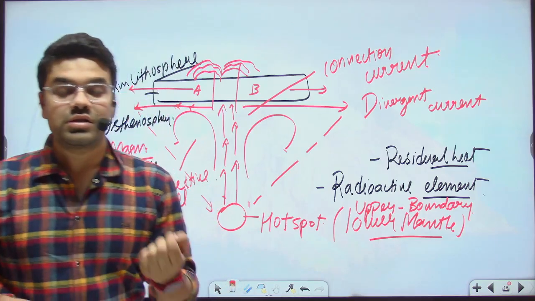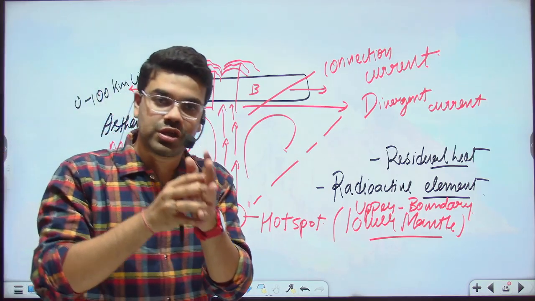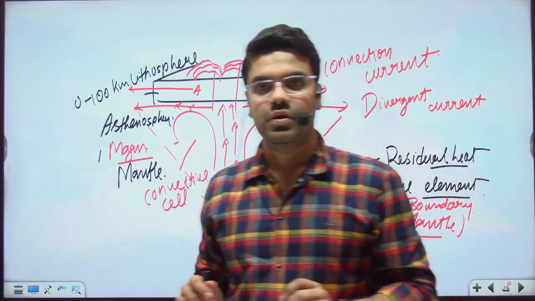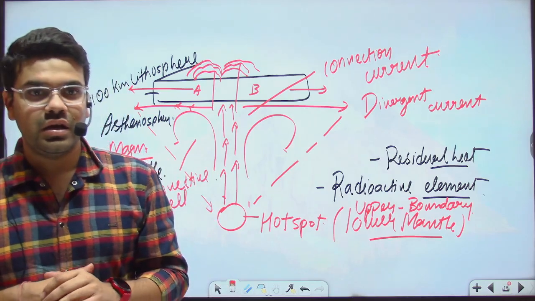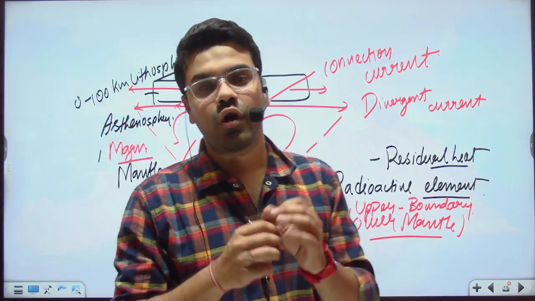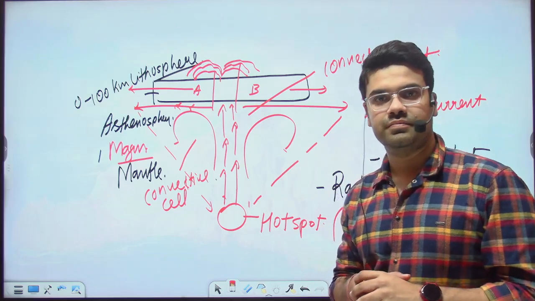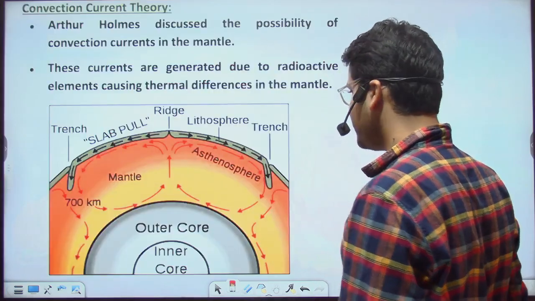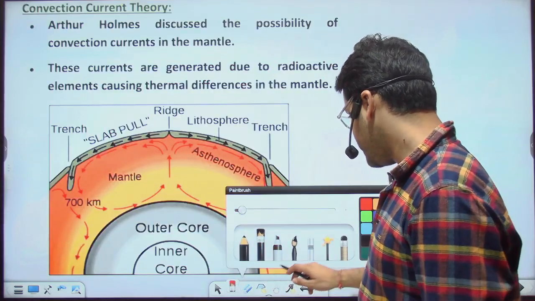What are these blocks? These blocks are simply the oceanic bed, the oceans, or they are the continents. So with this theory, he explained the mechanism of movement of the continents. I hope it's clear. He explained the mechanism, like you can see here also.